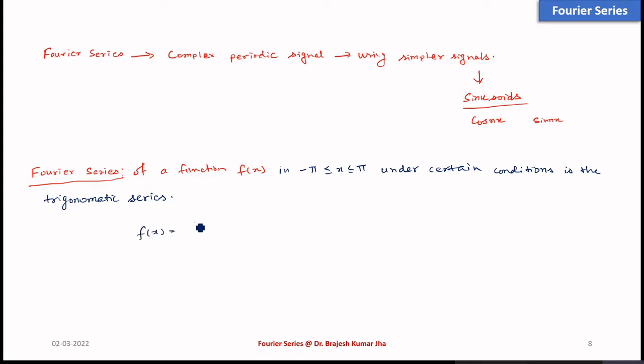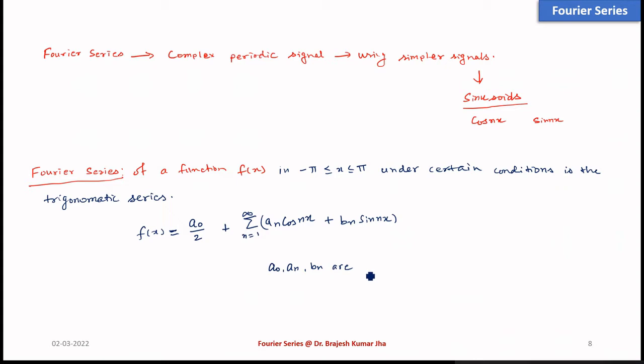f(x) can be written as a0 by 2 plus summation n equals 1 to infinity of an cos nx plus bn sin nx. If we could write in such a way, and also the a0, an and bn, these are said what?